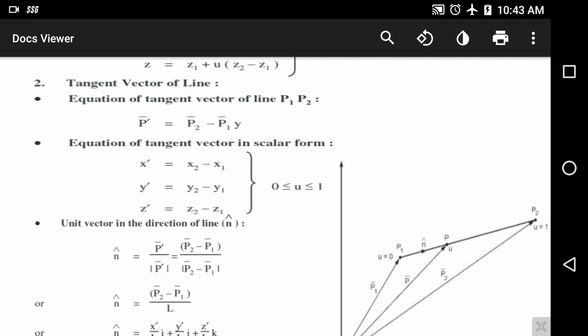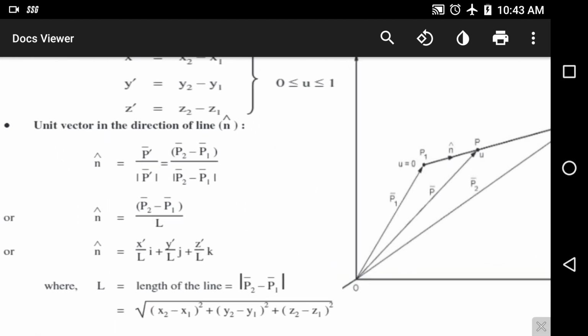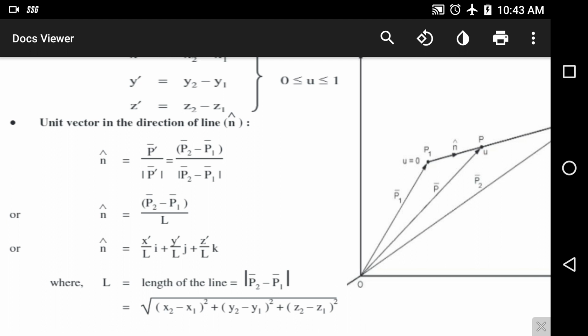Along with this, we need to find the unit vector and the length of the line. So here, the unit vector in the direction of the line, how are you going to define the unit vector n cap? The unit vector is the tangent vector divided by the magnitude of the tangent vector.